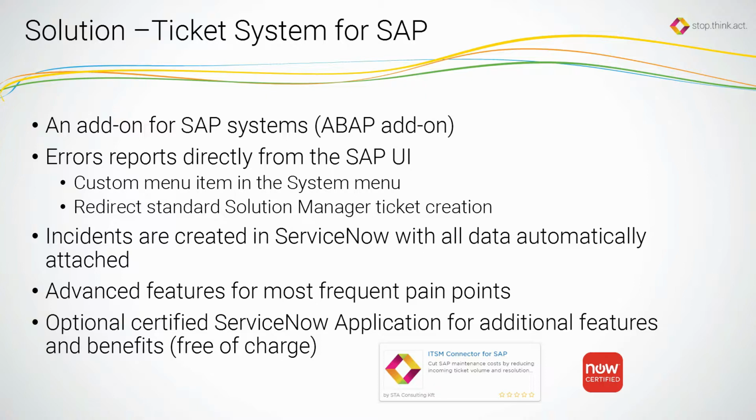And we also have an optional certified ServiceNow application, which has some extra features. If you don't install this on your ServiceNow instance, then you can still use the product. But on the ServiceNow side, you won't have some extra features. Naturally, if you don't use ServiceNow, then you can't have the functions that are covered by this add-on.